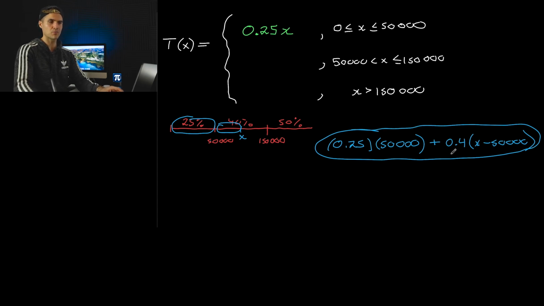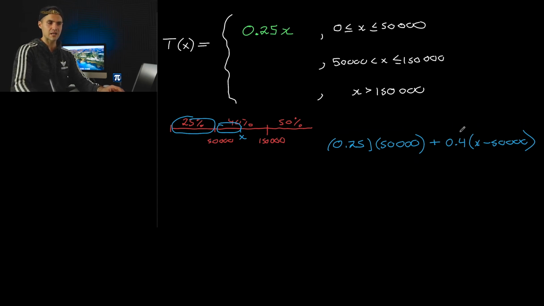That's going to go here. But we don't input this. What's going to have to happen is we're going to have to actually simplify this, right? So 25% of 50,000 is 12,500, and then we're going to distribute the 0.4 inside the bracket. 0.4 times 50,000, that would give us what, 20,000?